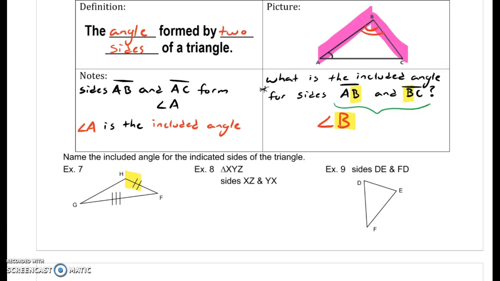So for 7, we have this one here, which means we have angle F. Over here, sides XZ and YX, we have X in both, therefore it is angle X. Your job is to do number 9. It is due when I check notes.